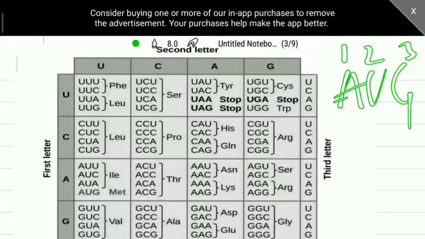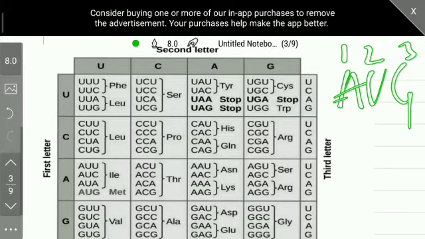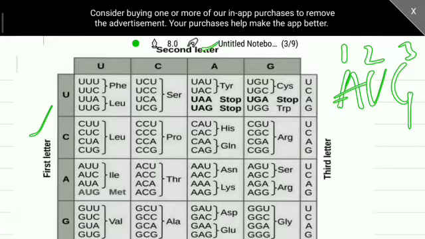Based on that, in the table of the genetic code, they have also given the first letter, the second letter, and the third letter.